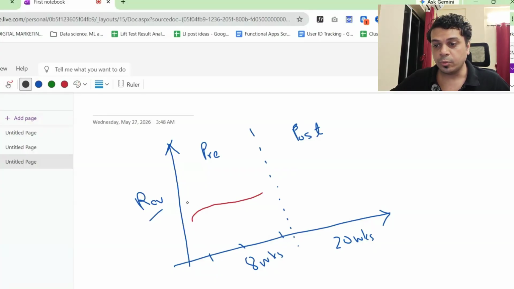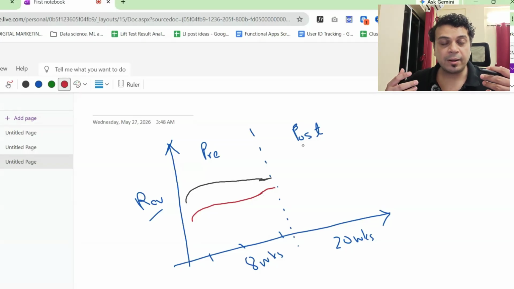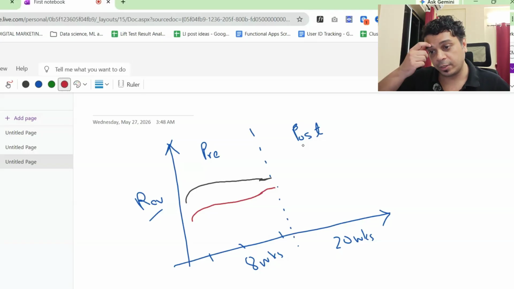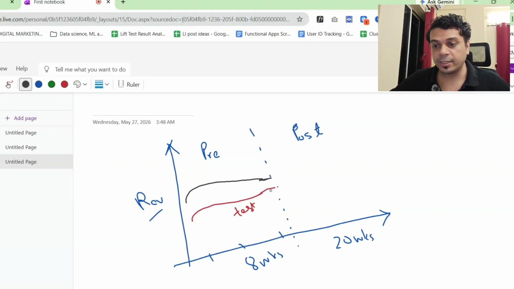What the parallel trends assumption says is that they will have a very similar trajectory in the pre-period, and that's what you see here, they're following a similar trajectory, which means that they're parallel, right? Their levels may be different, as in this case, where this is your test, given by the red one, and the black one is your control.